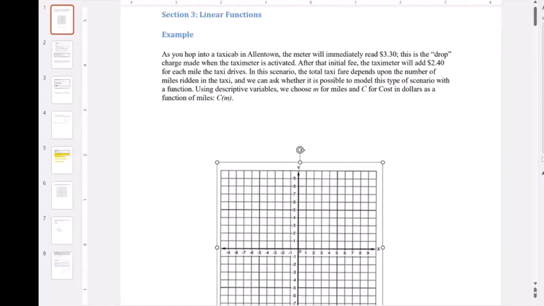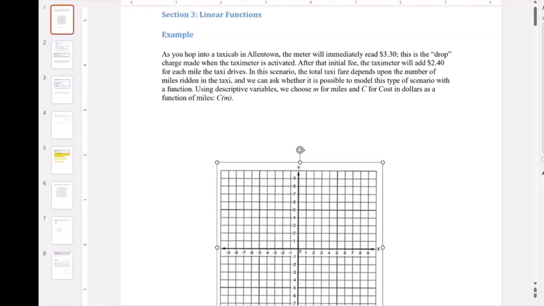As you hop into a taxi cab in Allentown, the meter will immediately read $3.30. This is the drop charge made when the taxi meter is activated. After that initial fee, the taxi meter will add $2.40. So let's highlight these numbers.